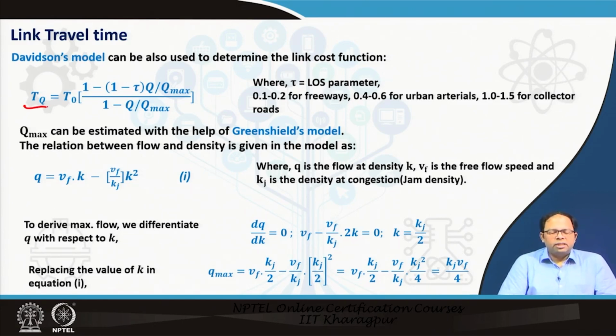The Davidson model can be used to determine the link cost function, where T(Q) equals T0, where T0 is the free flow time, multiplied by 1 minus tau times Q by Q max, divided by 1 minus Q by Q max. Q is the flow and Q max is the maximum flow on this particular link. So we need to understand what Q max is, and we also need to know this tau value.